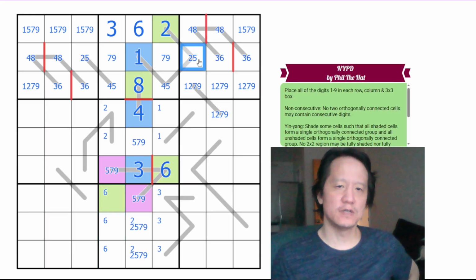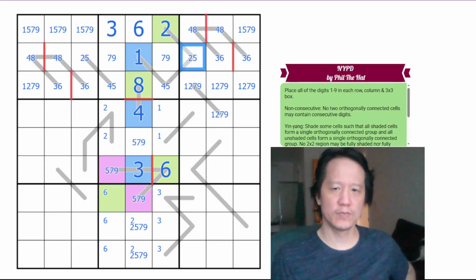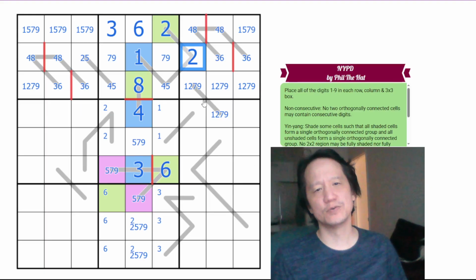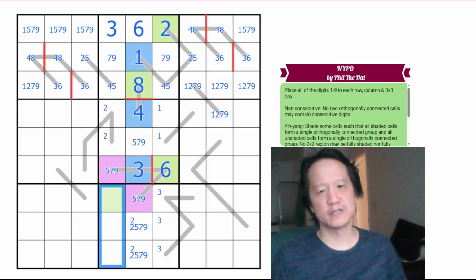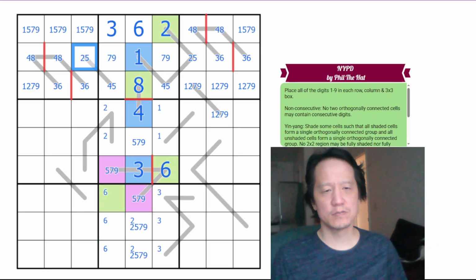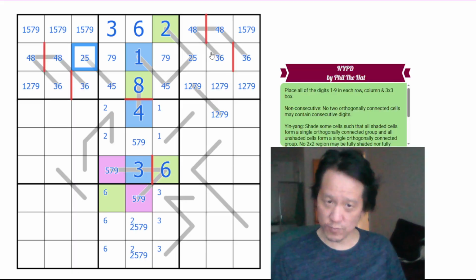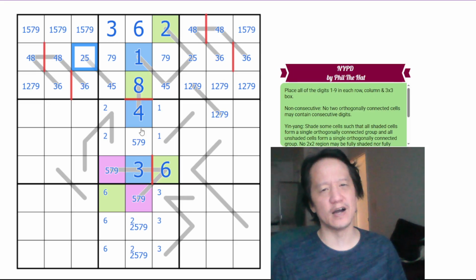If this is 2. Okay, that's interesting. So if this is 2, that makes this not 3. Okay, wait, no, that's the one that's less restrictive. What if this, okay, so say this is, well, yeah, this is 2, this is 5.